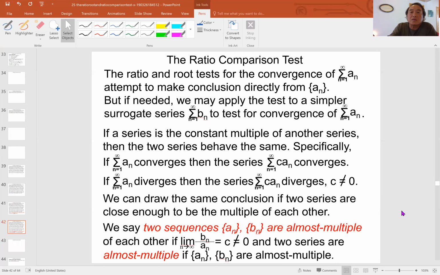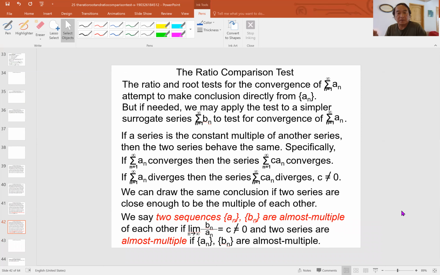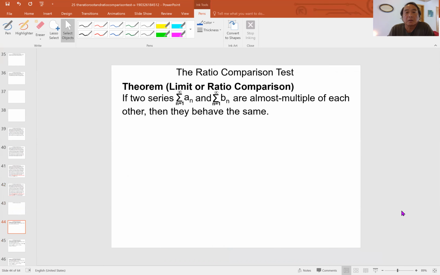And the two series are almost multiples if the sequences themselves are multiples. The limit or ratio comparison test says that if two series are almost multiples of each other, then they behave exactly the same. If one converges, the other one converges. If one diverges, the other one diverges.